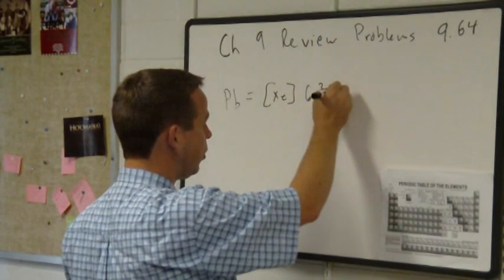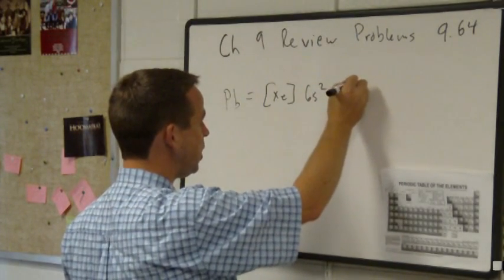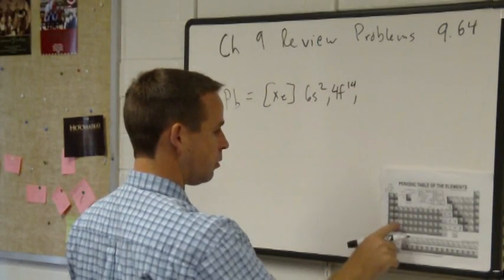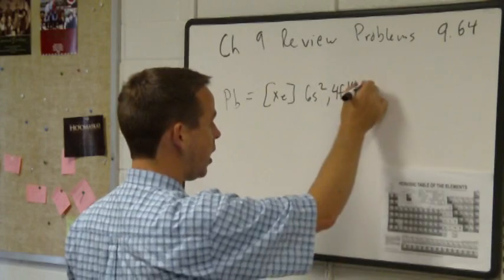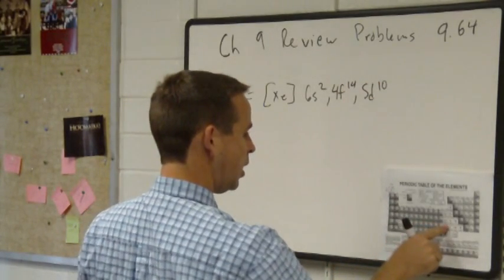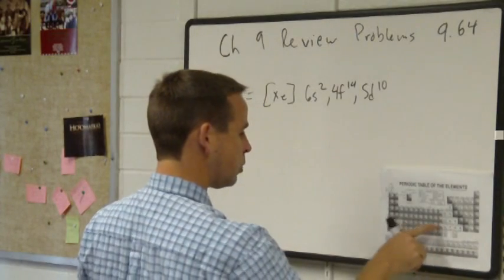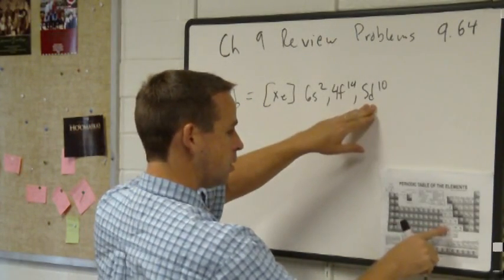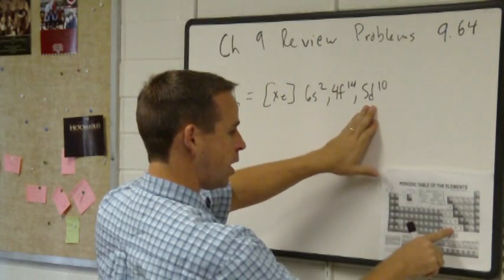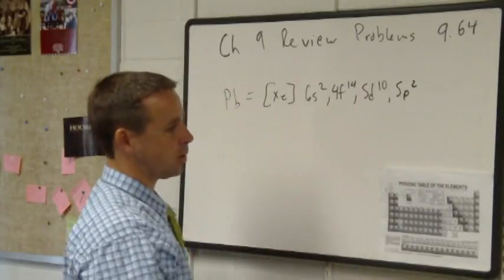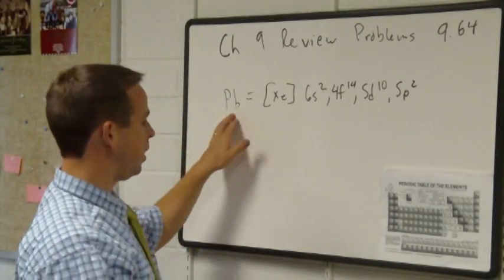So 4f14, and then we have our 5d10, okay? And then we have our 6s2 already, 5d10, and then we have 5p2. All right, so that is our lead atom.